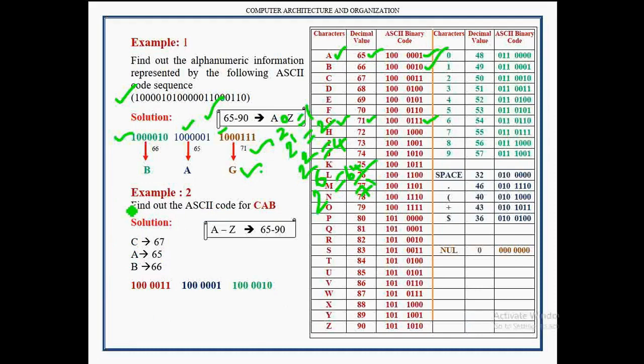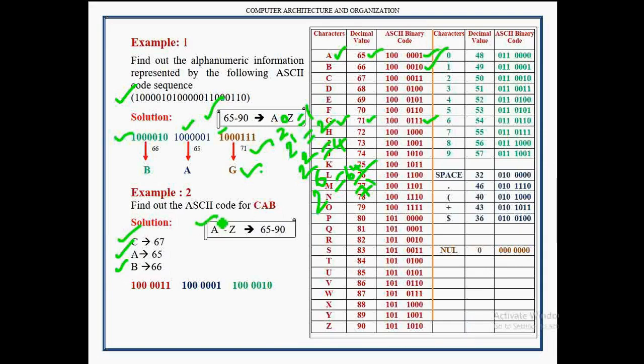Now let's find out the ASCII code for the given alphanumeric information CAB. Here in this alphanumeric information, all the characters are uppercase alphabets. The first task in converting the given alphanumeric information into ASCII code is to find out the decimal values for every alphanumeric character.